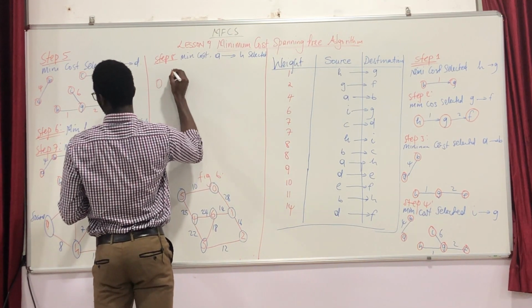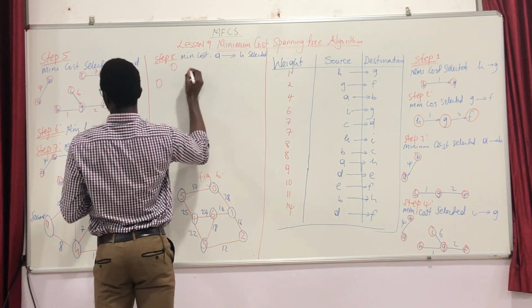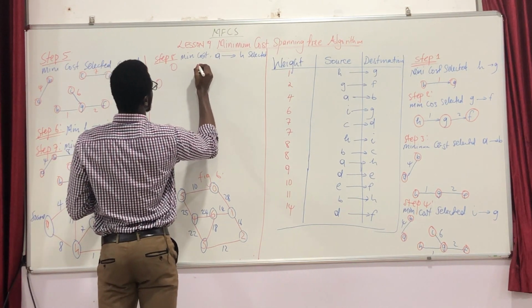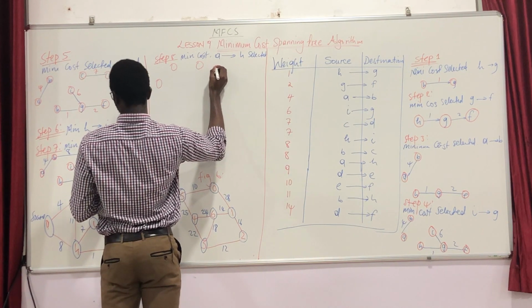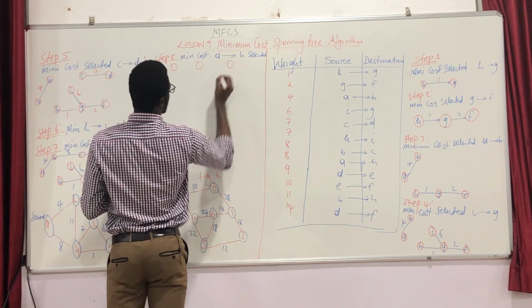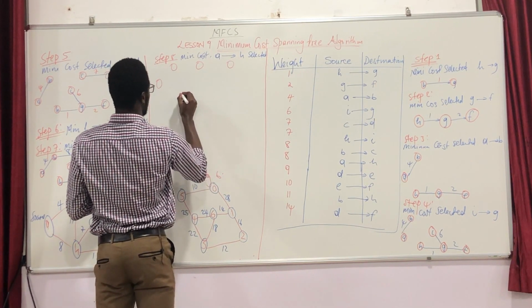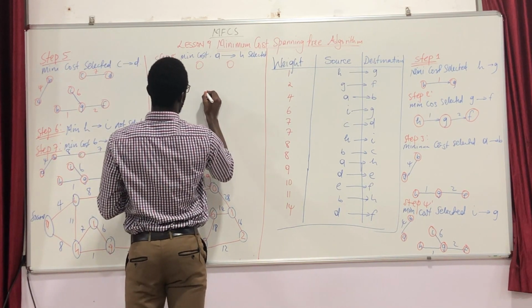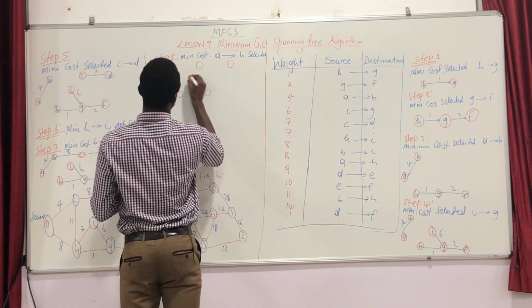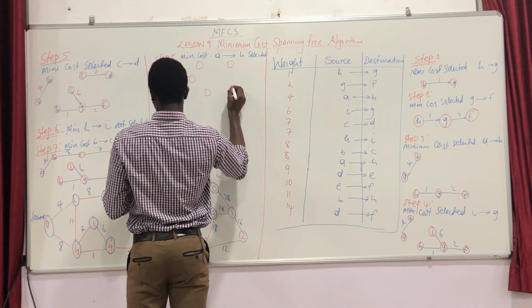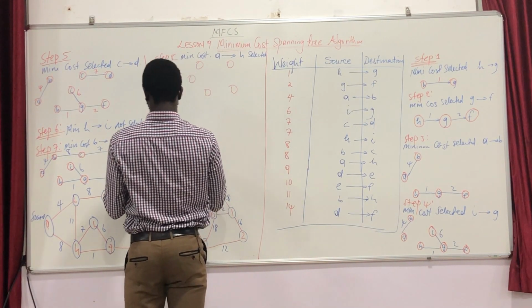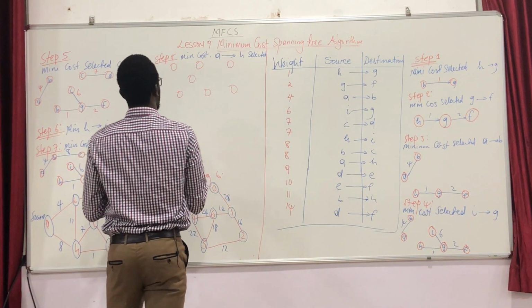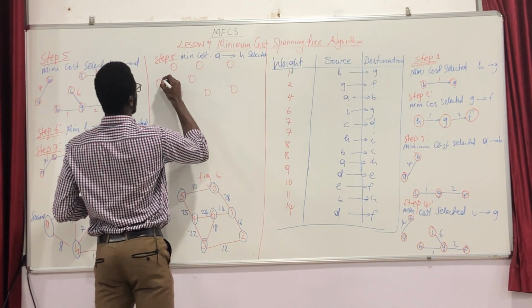We have here A, B, C, D, H, G, there is I, there is F. Let's see.